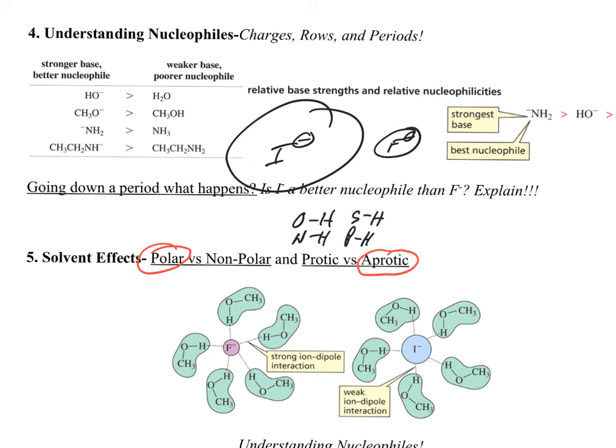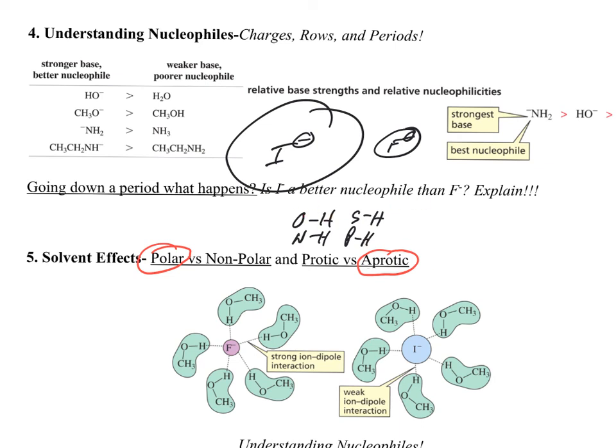Why? Because we don't want our nucleophile interacting with the solvent. What do we want our nucleophile to do? We want our nucleophile to react with the electrophile, the alkyl halide. If there's OHs, SHs, NHs, and PHs, our nucleophile could react with that. We don't want it to react with that. We want our nucleophile to react with our alkyl halide, our electrophile, not the solvent. So we want a polar solvent, and we don't want any OHs or SHs or NHs or PHs.